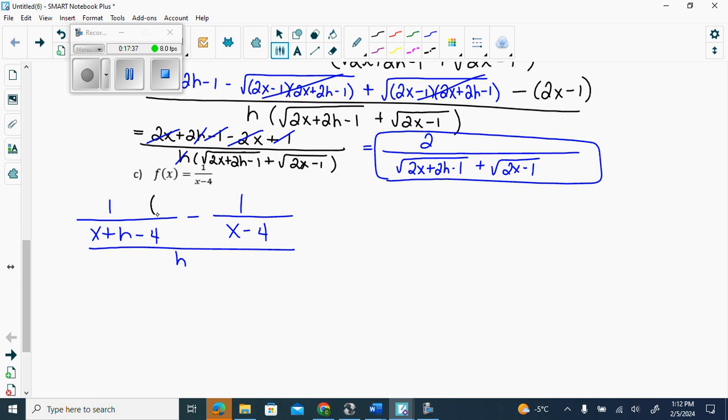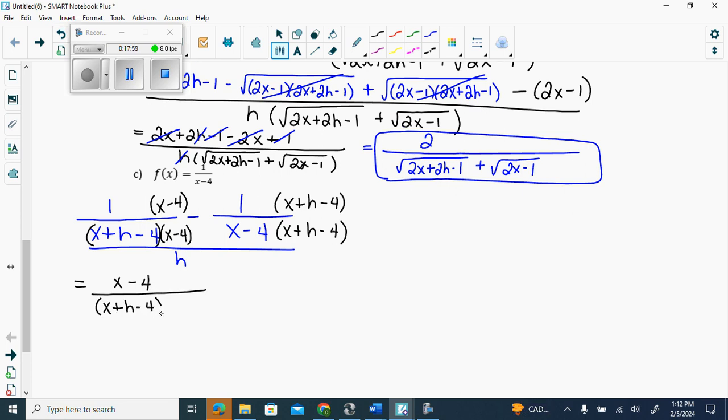So this one here, I'm going to multiply by x minus 4. And then this one by x plus h minus 4. So we're going to get x minus 4 in the top. And in the bottom, we're going to get x plus h minus 4 times x minus 4. We do not need to distribute our denominators.